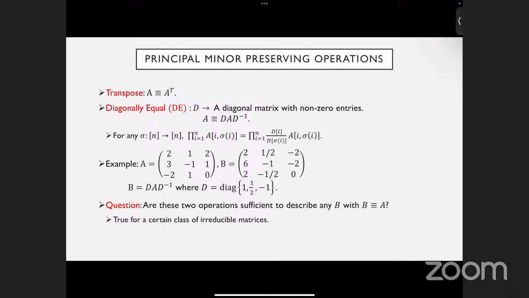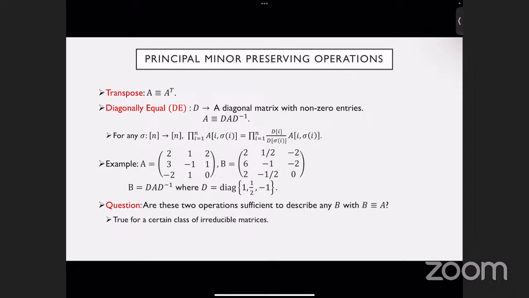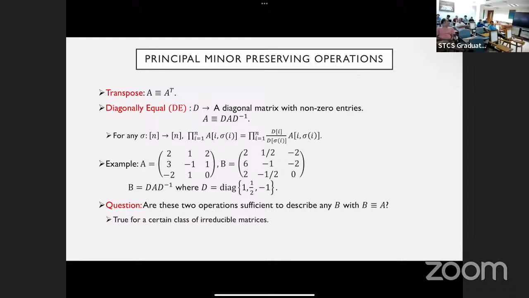Any principal submatrix of D A D inverse can be written as the corresponding submatrix of A, scaled by the diagonal submatrix of the diagonal matrix corresponding to those entries. Got it. You apply the same result to everything outside this set.